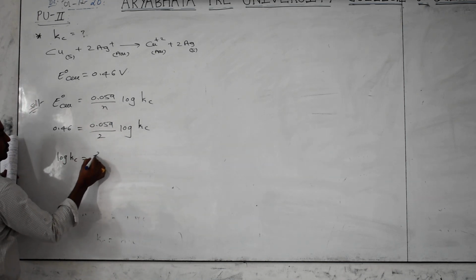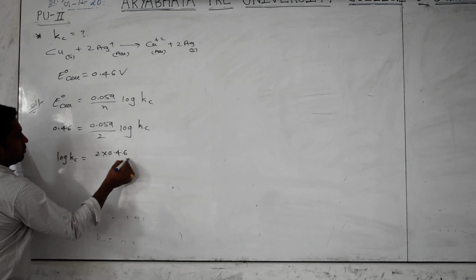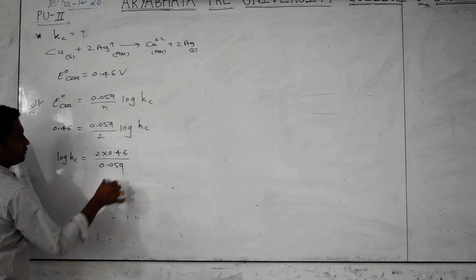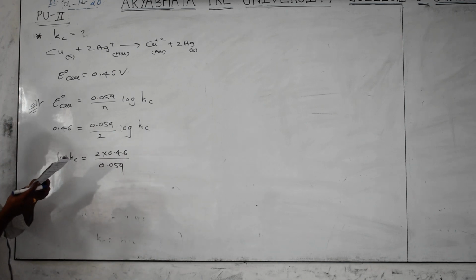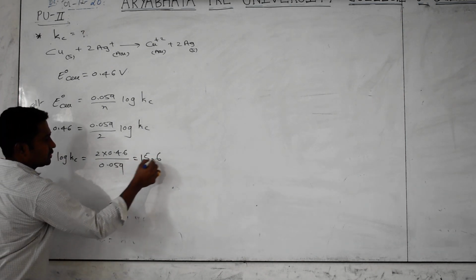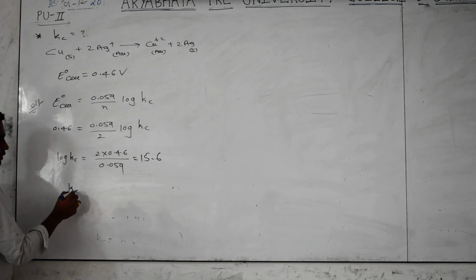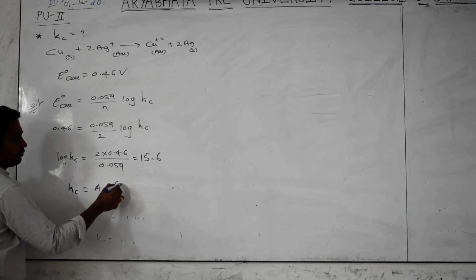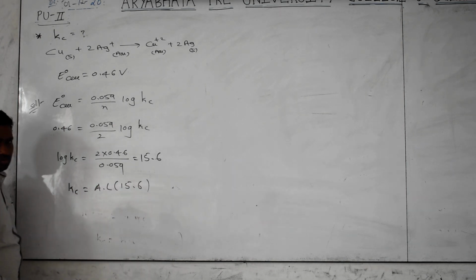Log Kc is equal to 2 into 0.46 by 0.059. You will get some value, 15.6. But I want Kc. Kc is equal to the anti-log of 15.6. Before the decimal number, leave it.